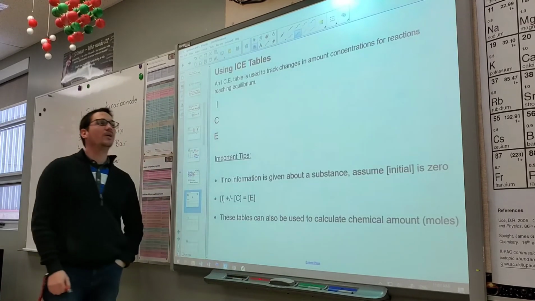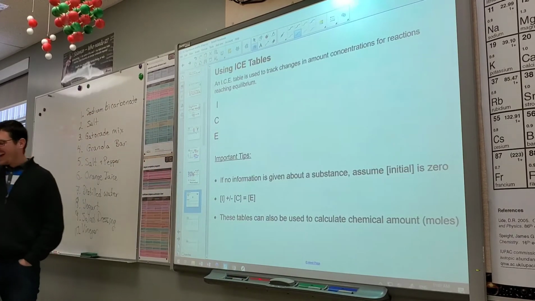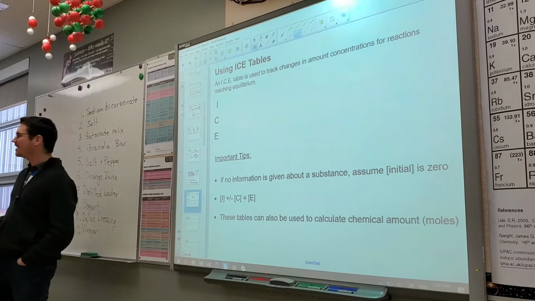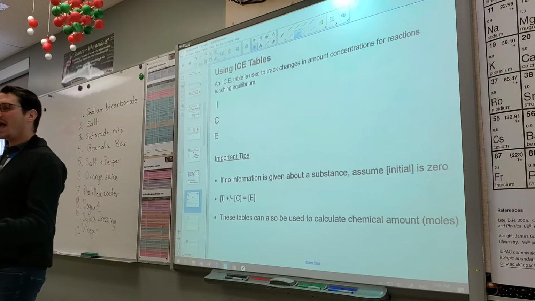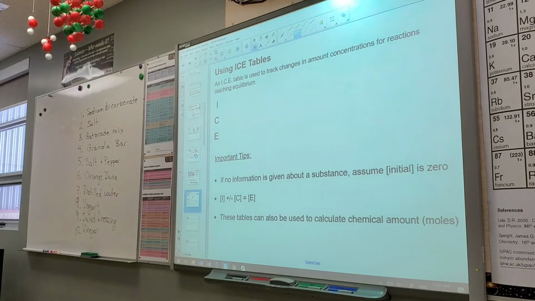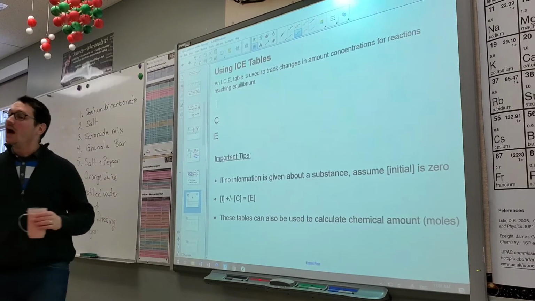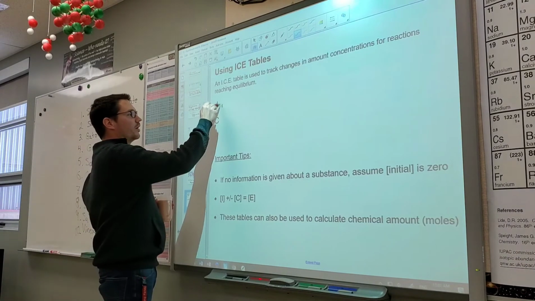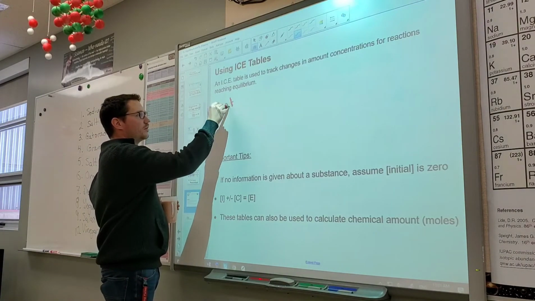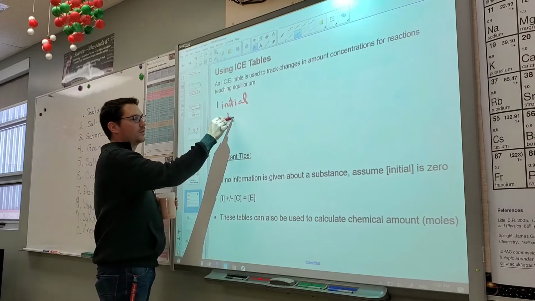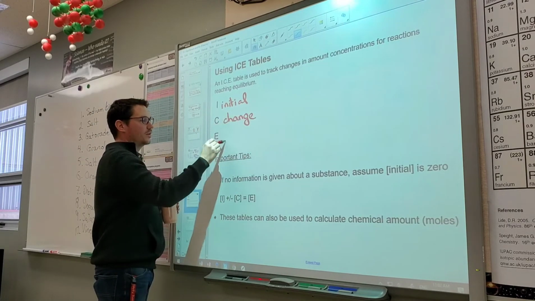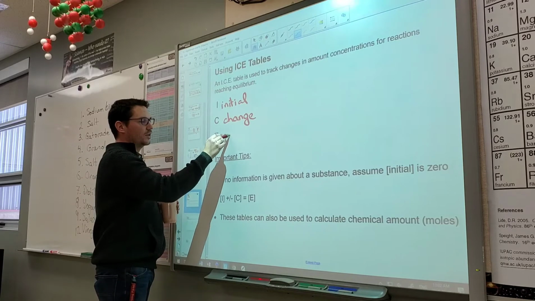So we're going to talk about ICE tables. Ice tables, what the heck is an ICE table? Well, an ICE table tracks the change in an equilibrium system. ICE stands for initial, change, and then equilibrium.